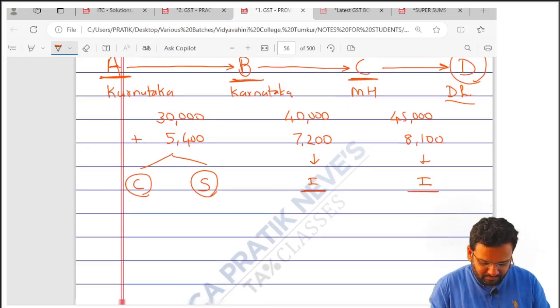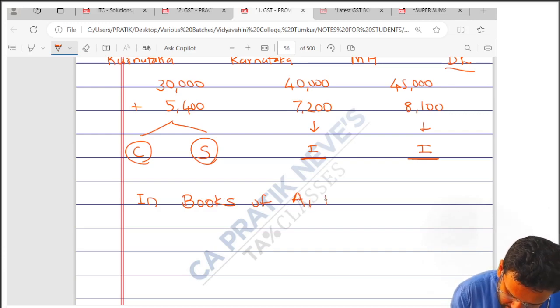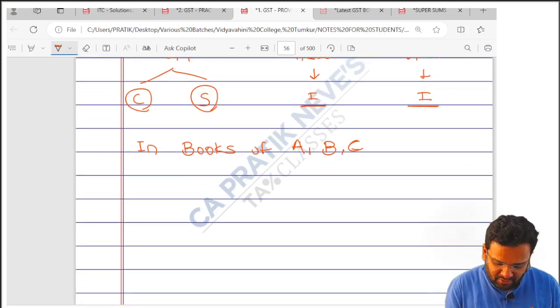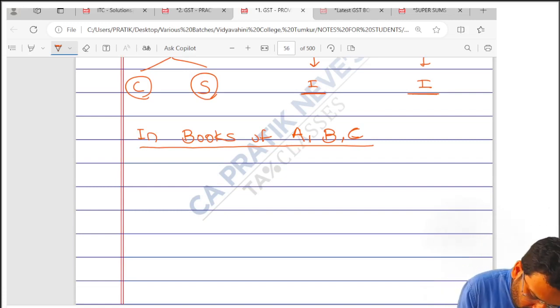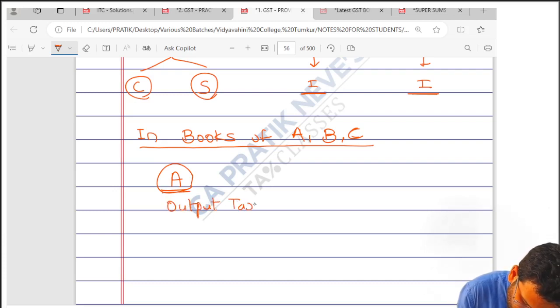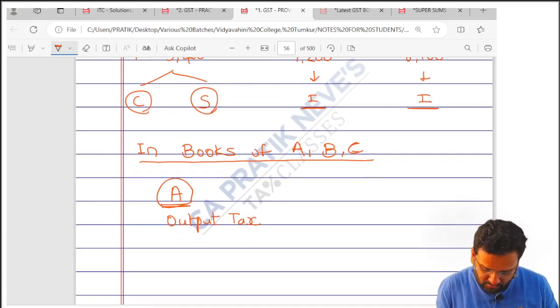Now see, tell me in books of A, B and C. I don't want accounting entries. I want how it happened in books of A, B and C. Suppose I talk about A. For A, what was the output tax? Total 5,400.